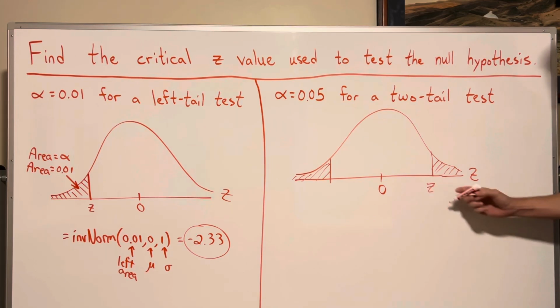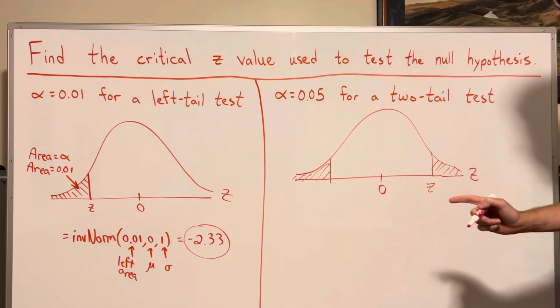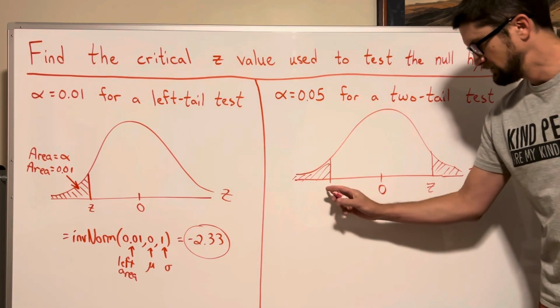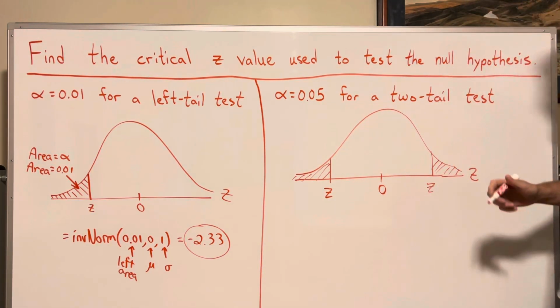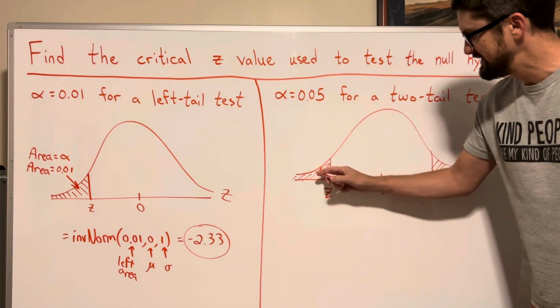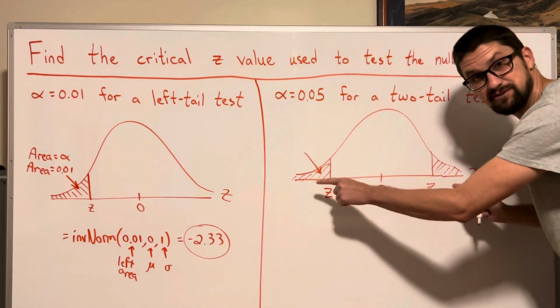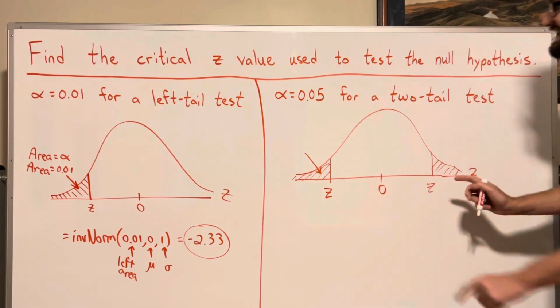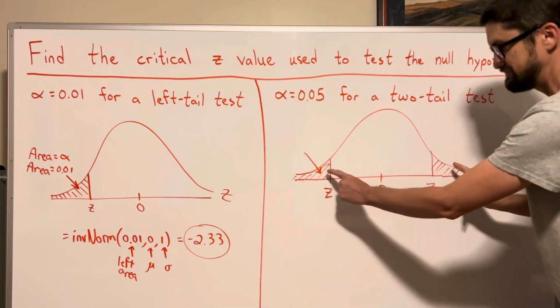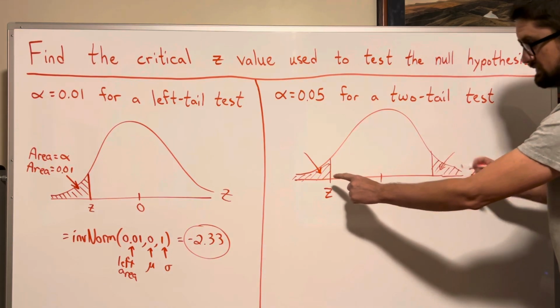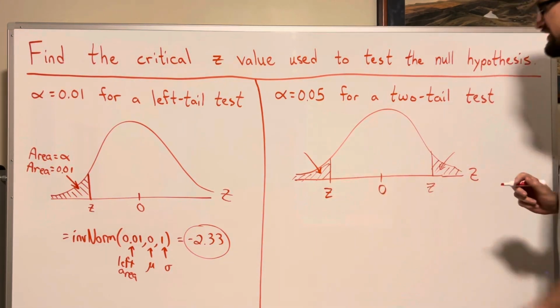We want to find this critical value again. They're just the same number, just opposite sign, but this time for a two-tail test, since it's split symmetrically in half, this 5%, 0.05, is going to get split up for these two areas.